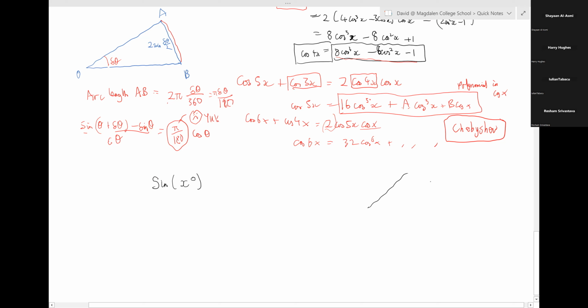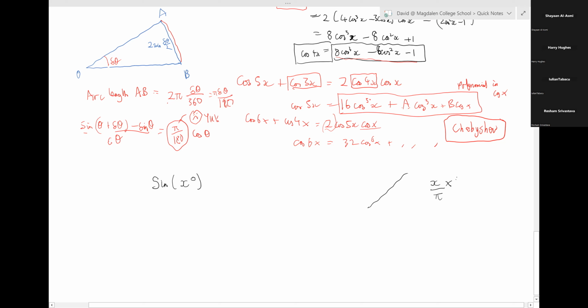Okay, so x radians, well, 180 degrees is pi radians. So if you take an angle in radians, and divide by pi and multiply by 180, sorry, I'm just going to get this scaling right.